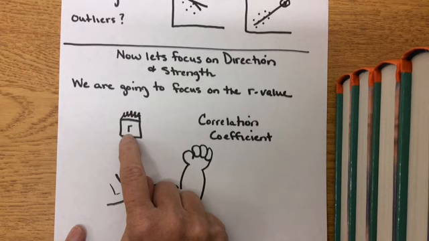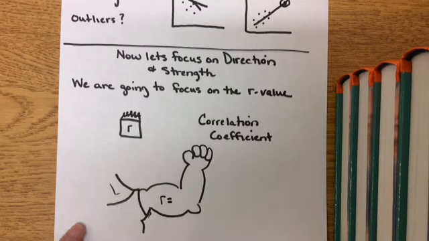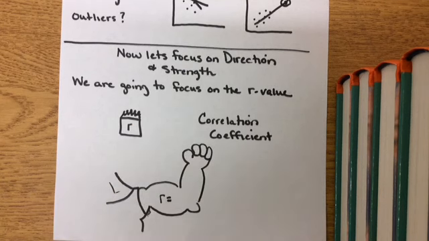It's actually a measure of strength. See, I put a little crown on it so that you would know that it's the king. It's the king of all the letters. And since it measures strength, it is something that is really, really powerful in statistics.